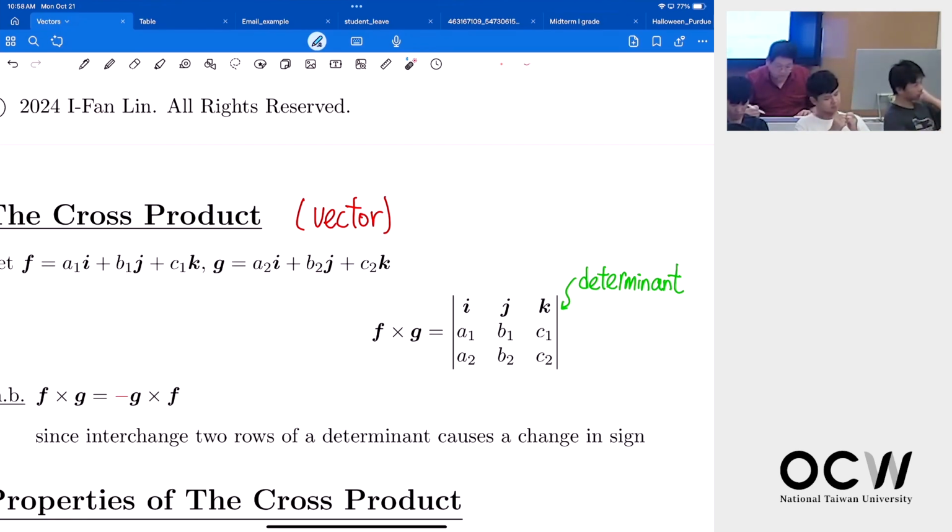Okay. We will also talk about this more when we talk about the matrix. But I think that you learned this in your junior or senior high, right?